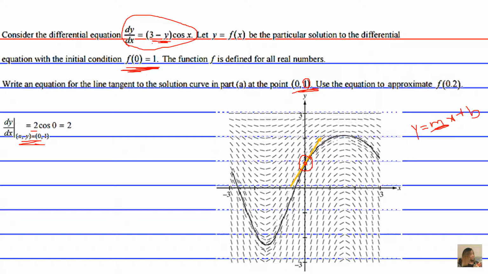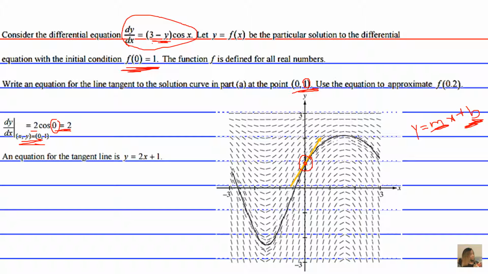And the 0 comes from the fact that we're analyzing this at x equals 0. The cosine of 0 is equivalent to 1, and 2 times 1 yields 2. So our slope is 2. We know that our y-intercept is 1, and now we're ready to continue on.